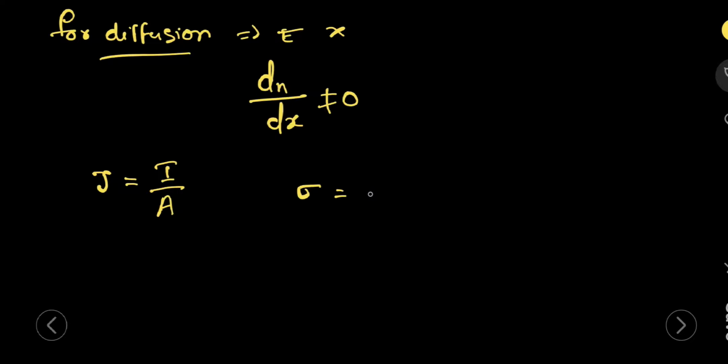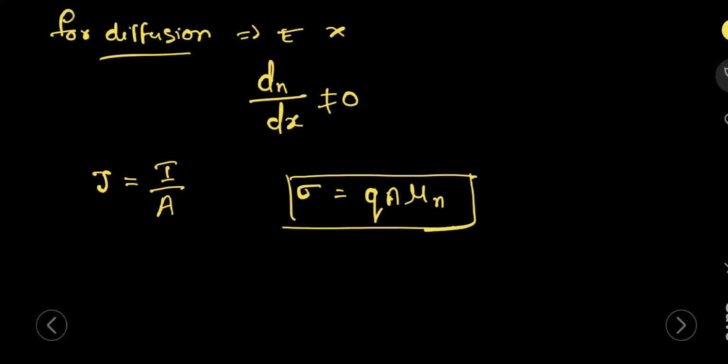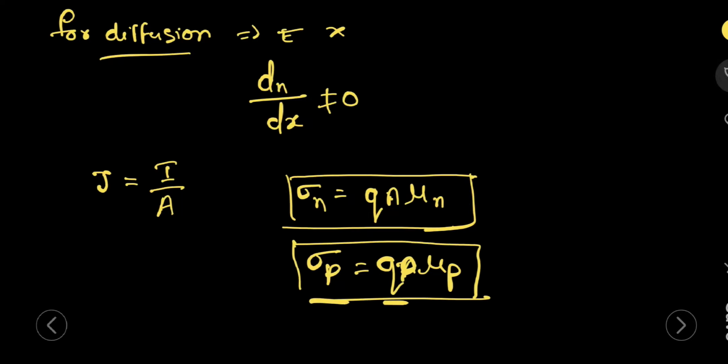And what is the formula of conductivity? It is given by q n mu n in case of n, and for p it is q p mu p. Okay, this is the conductivity formula.